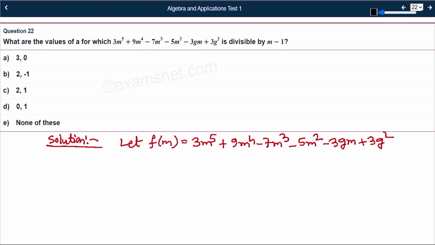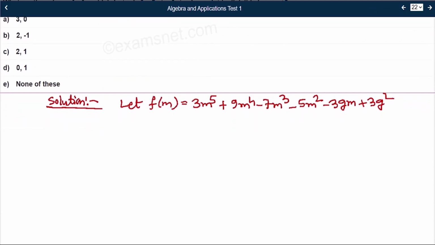Okay, so say that this polynomial is divisible by m minus 1, right students? Now please do remember the factor theorem.